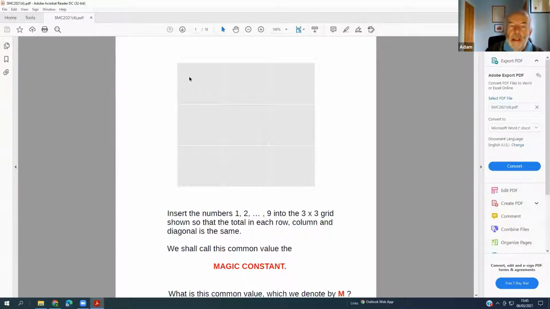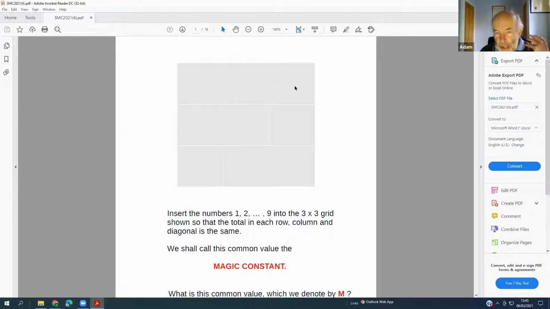So with 4 choices for top left, each of which determines bottom right. If you look at the other 2 corners, top right and bottom left, you've got 2 even numbers left. Either of them can go in there, and once that's been chosen, that determines what goes in there. So with every one of the 4 choices there, you have 2 choices there.